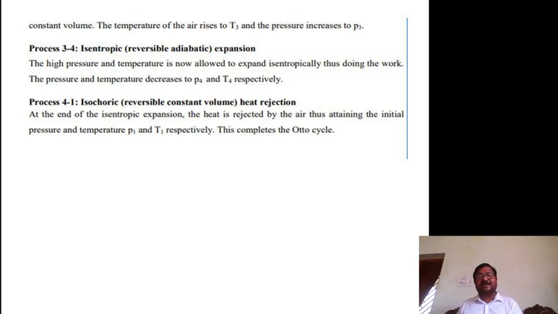Like that you can rewrite the reversible adiabatic equation 4 to 5 times, and for your convenience you can change the powers, change the correlations, and combine the two variables. Like that you can make changes in the reversible adiabatic equation. It is a very important equation as far as applied thermodynamics is concerned.